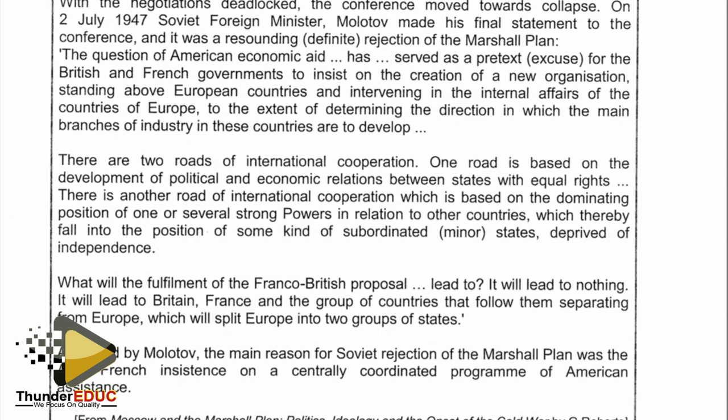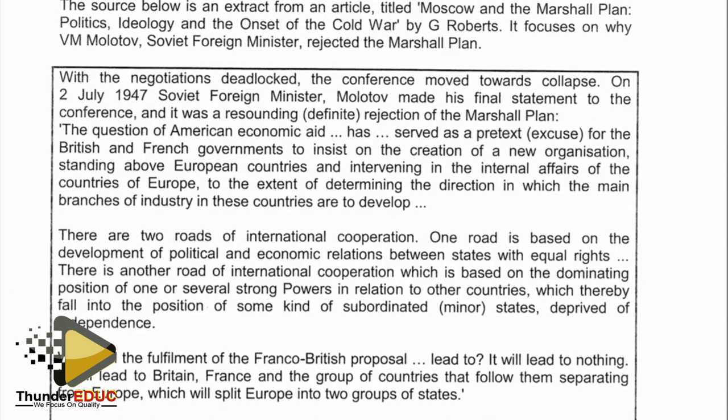Remember, because of the dispute between capitalism and communism, the communist people rejected the Marshall Plan. They blamed the Marshall Plan for different reasons, and they were not happy with its introduction as a recovery plan for ailing European economies.